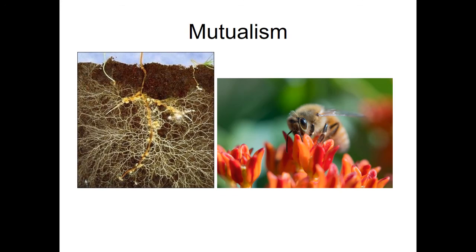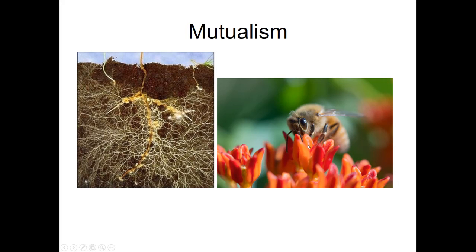And we also find specializations evolving because of these mutualisms. So for example, in the mutualism between the plant and the pollinator, we see plants evolving more and more attractive flowers, more and more rewards, like maybe more nectar or more sugary nectar to attract that pollinator. And we also see morphological changes.